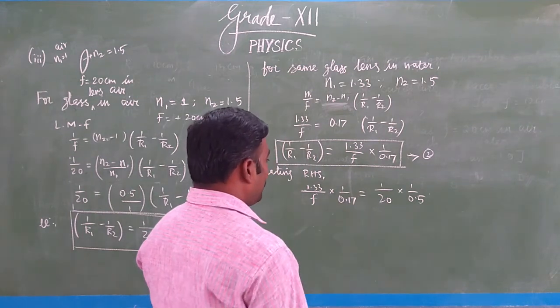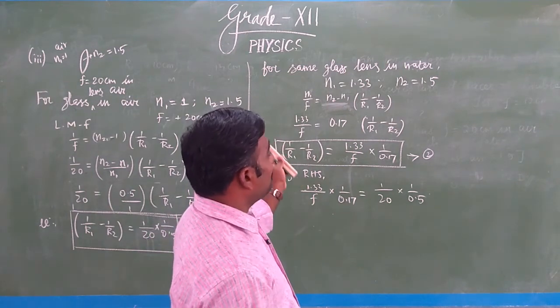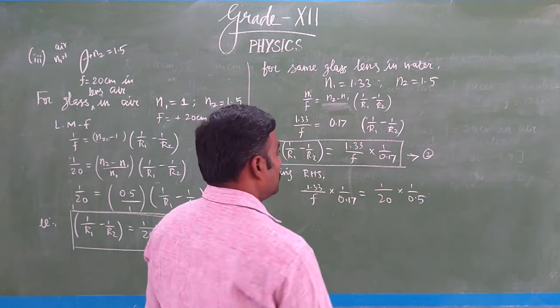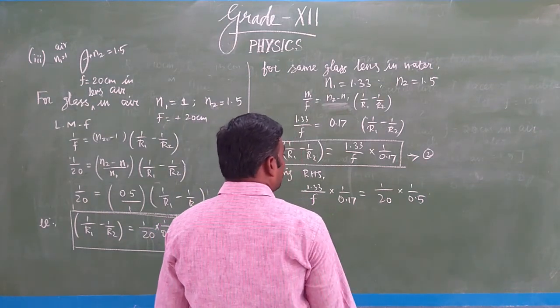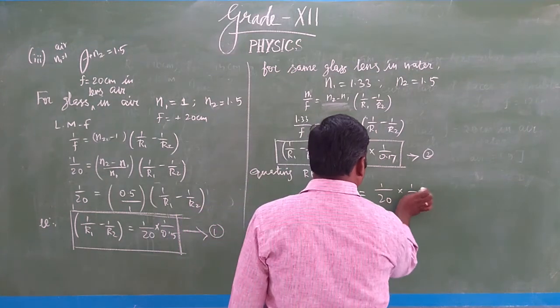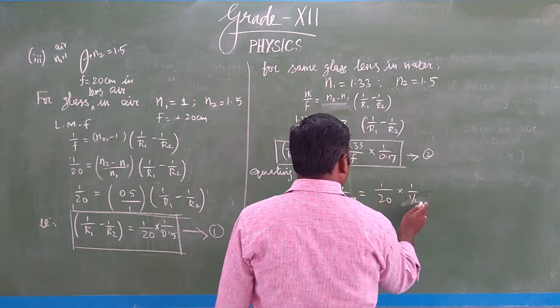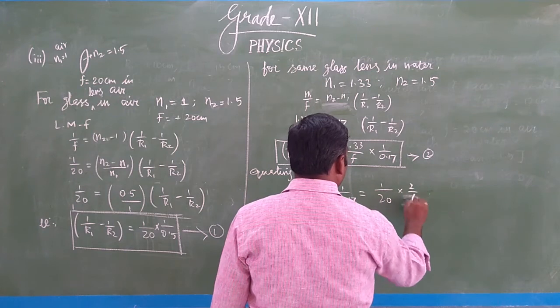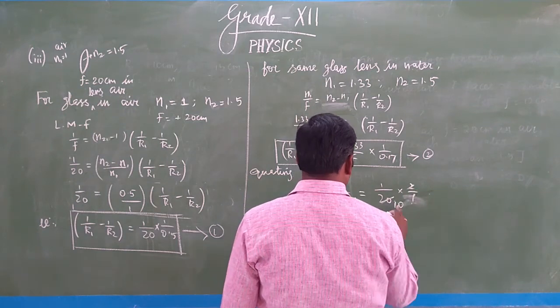We want the focal length of the same glass lens when it is placed in water. This value 0.5 is nothing but 1 by 2, so 2 by 1 becomes 10 there.